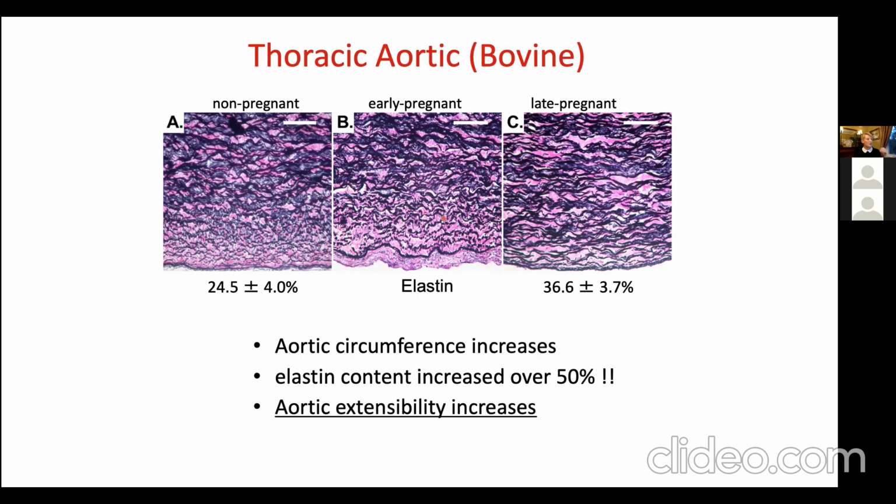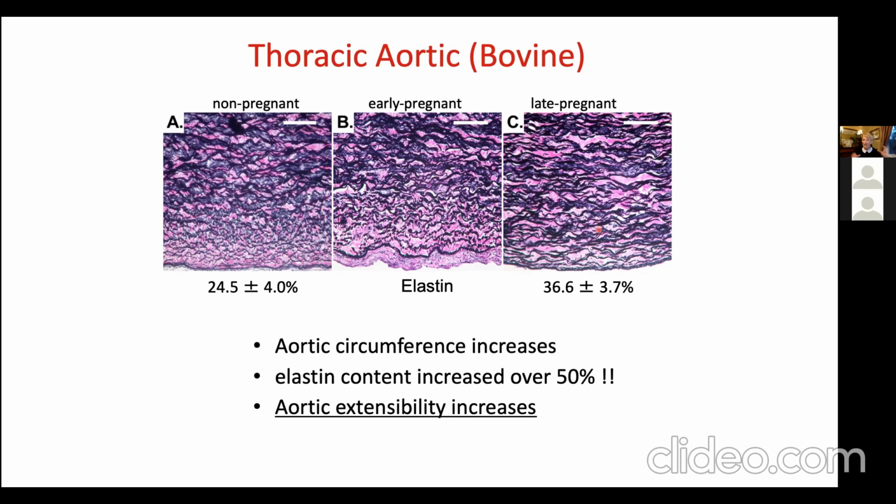And in early pregnancy, it looks like that. The elastin fragments, becomes cut up in little pieces almost. And this could be part of what allows the aorta to expand in size. And then in late pregnancy, that elastin is resynthesized and those fibers are reinforced.